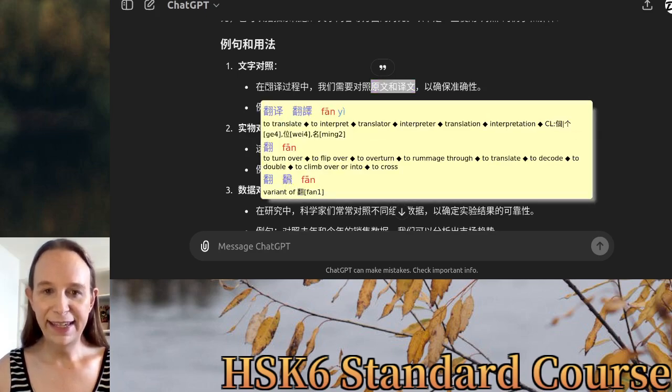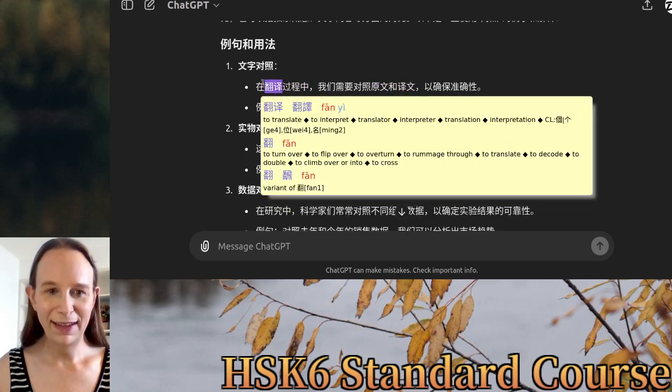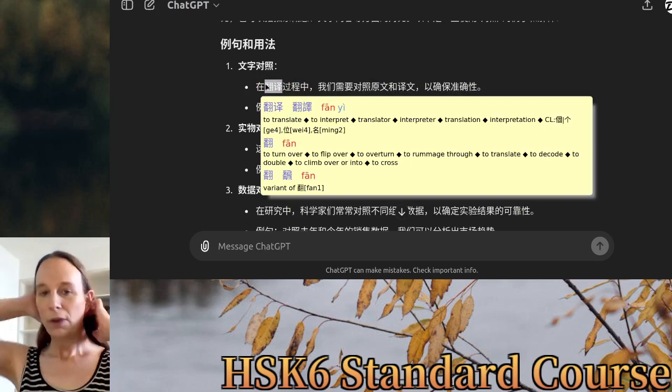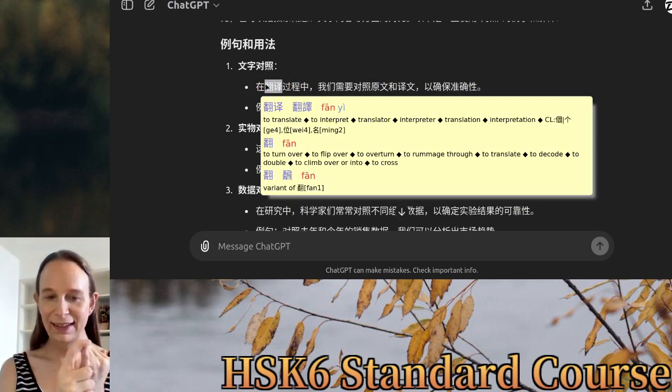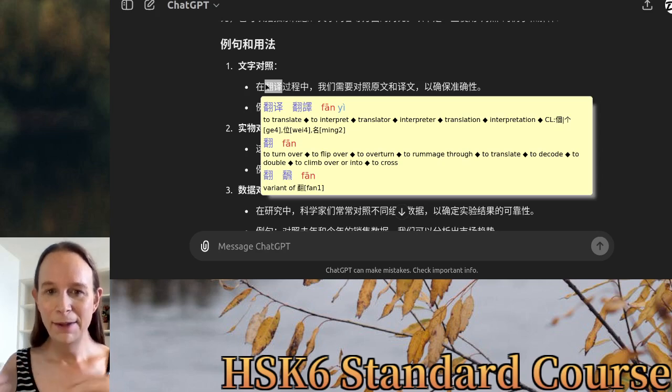Yeah, so this 翻译 here is a verb meaning to translate. 翻译 has three meanings, right? 翻译 is a translation. 翻译 is also a job of a translator, also interpreter. I think translator and interpreter are both 翻译. And to translate 翻译.